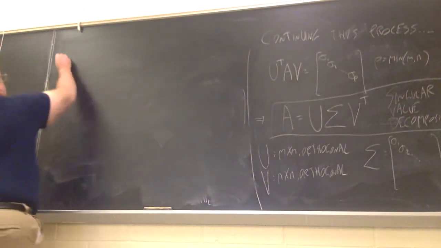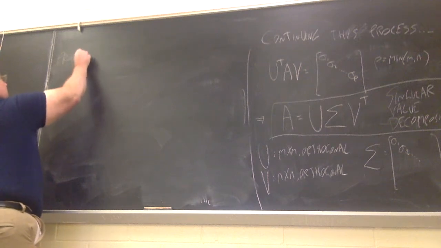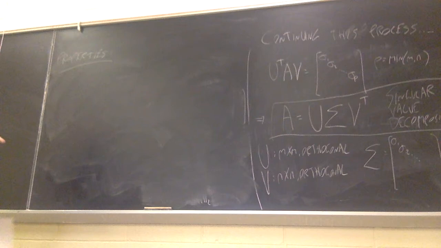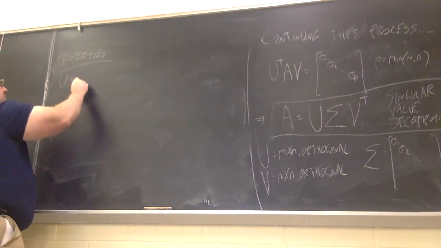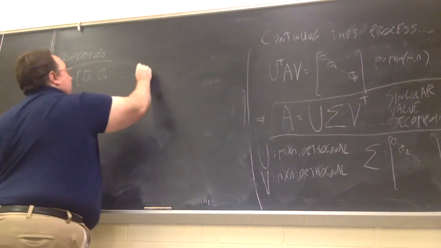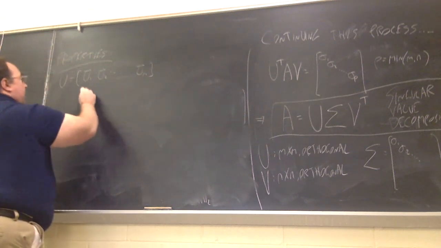All right, so first I need to break down U and V by columns. So U has columns U1, U2, up to Um.